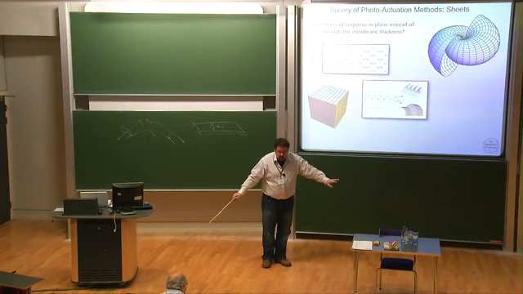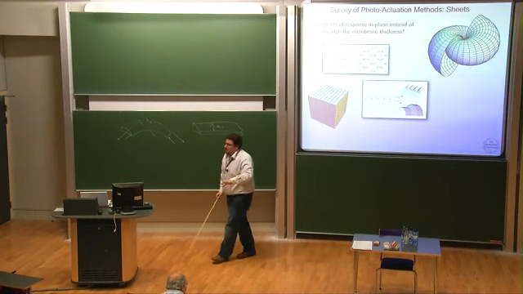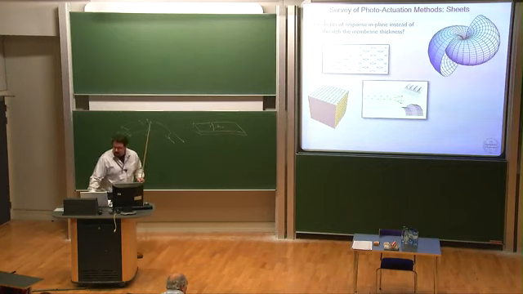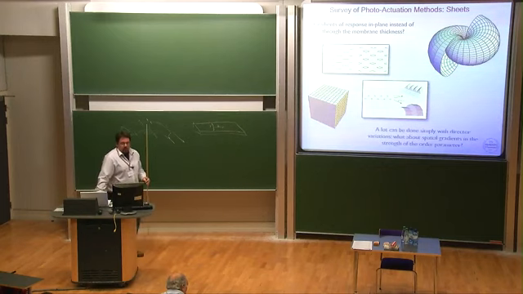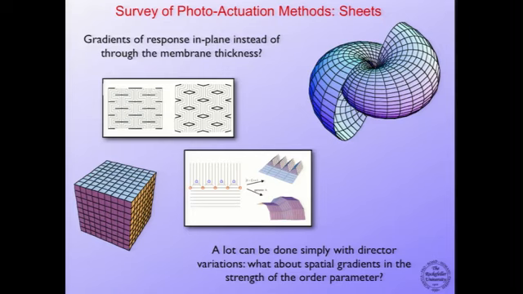And this is without any change in the strength of the order parameter, purely with the director field. So you can imagine asking, what if you have some spatial pattern in a thin sheet, and you allow the strength of the order parameter to change as a function of your position on the sheet? So you can imagine getting a more complicated effect.